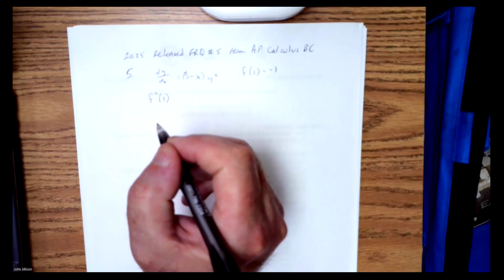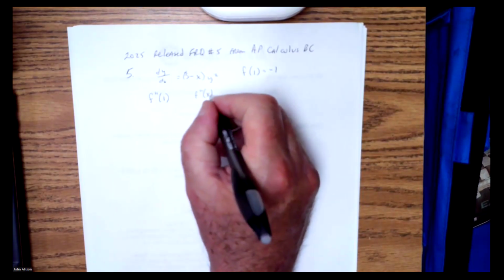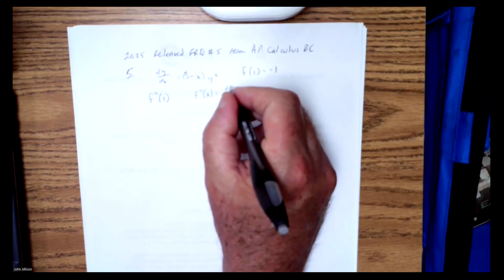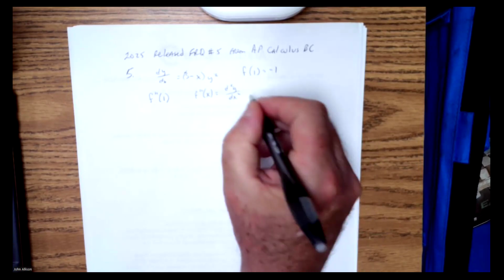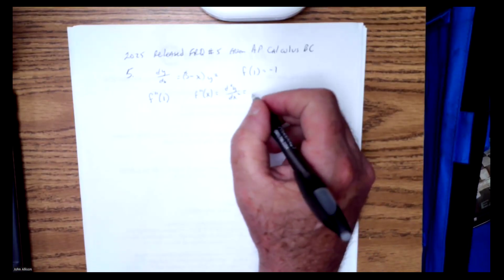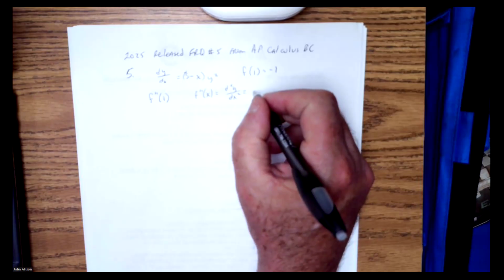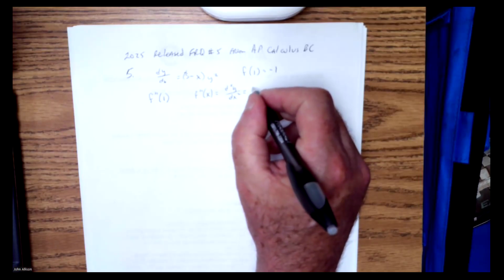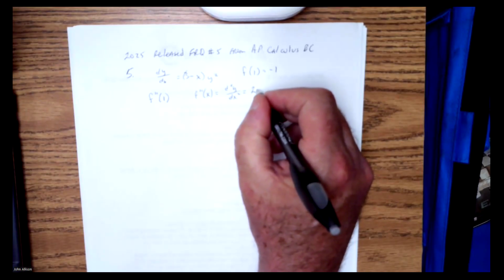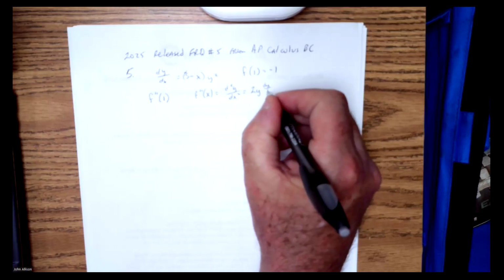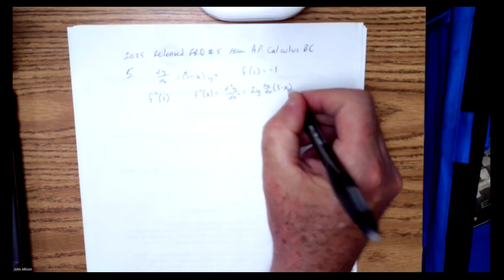So y equals f of x, and dy/dx is going to be f prime. And so we're going to find f double prime of x, which is d squared y over dx squared. That's going to be 3 minus x times the derivative of y squared, which is 2 times y times dy/dx, times 3 minus x, plus y squared times the derivative of 3 minus x, which is -1.